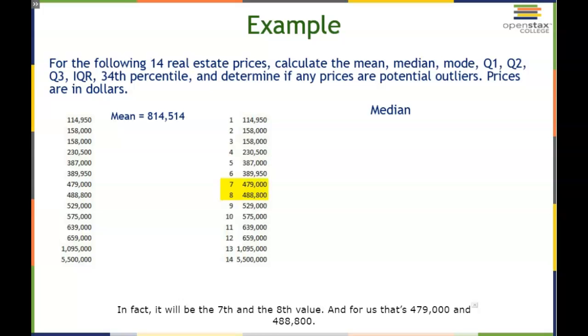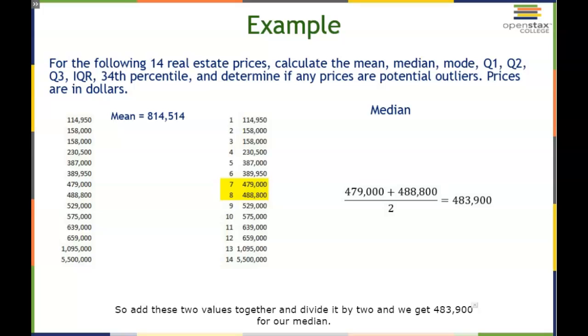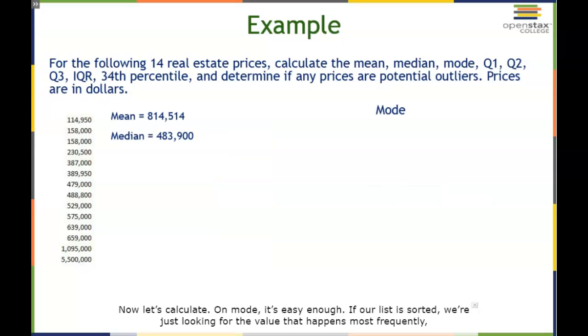In fact, it will be the 7th value and the 8th value. And for us, that's 479,000 and 488,800. We're going to take the average of these two values, and that will be our median. So we're going to add these two values together, divide it by 2, and we get 483,900 for our median.